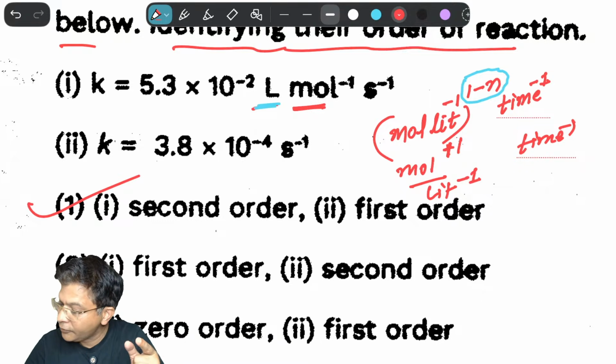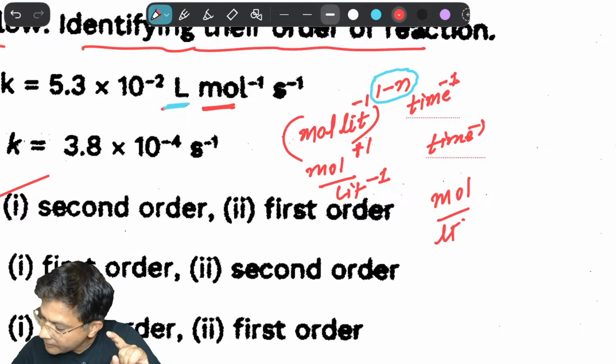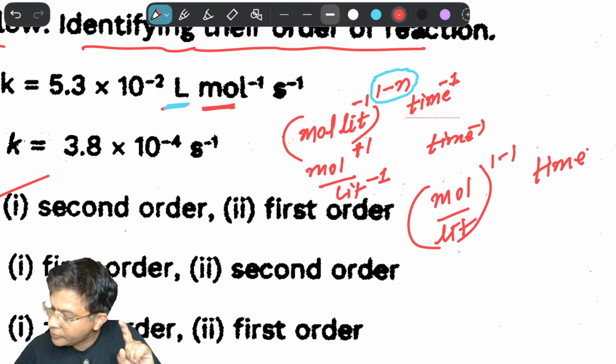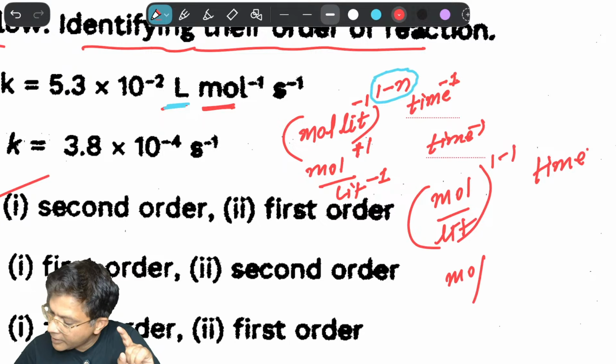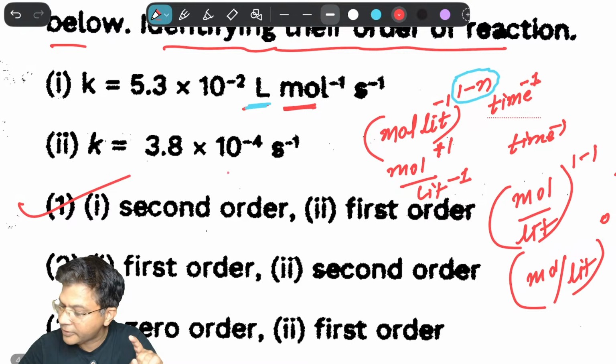Now for a first order reaction, mole per liter to the power 1 minus 1, time inverse. So 1 minus 1 will become 0, and anything to the power 0 will become 1, so only time inverse will be there, so only second inverse is there.